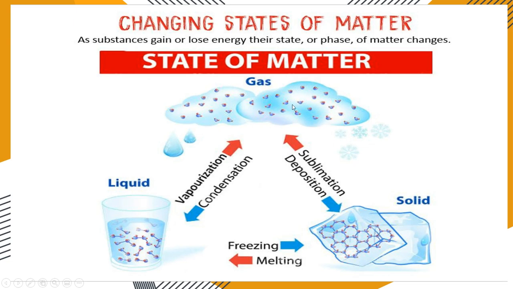Now, this picture also shows you what the molecules look like in that state. It shows you if I'm going from freezing, how my molecules change. If I'm going from a liquid to a gas, it shows you how the molecules would change. So we're talking about changing states of matter.